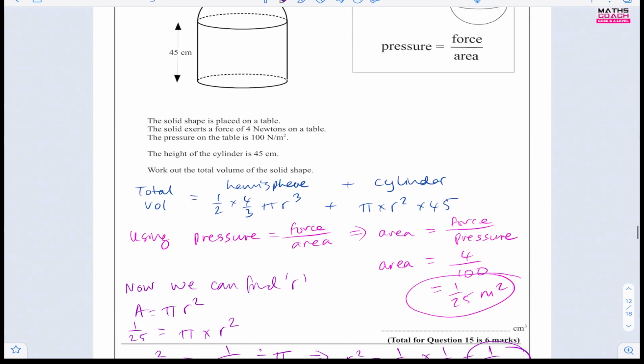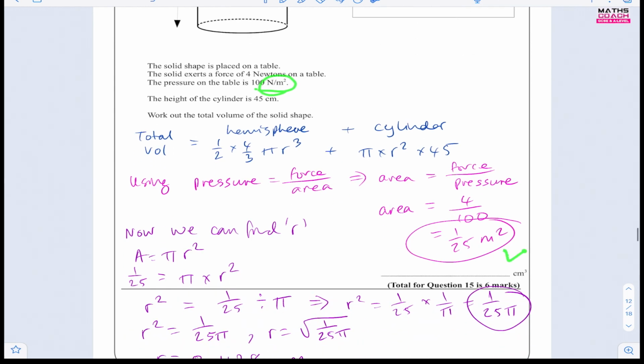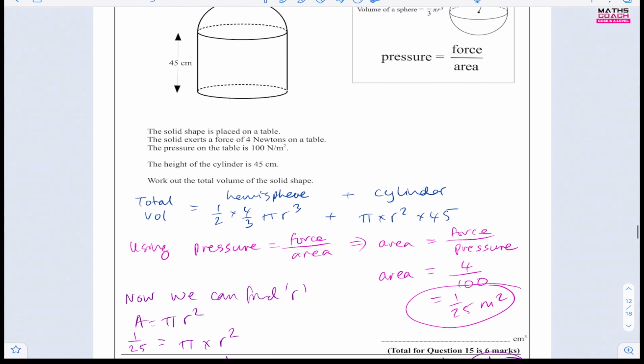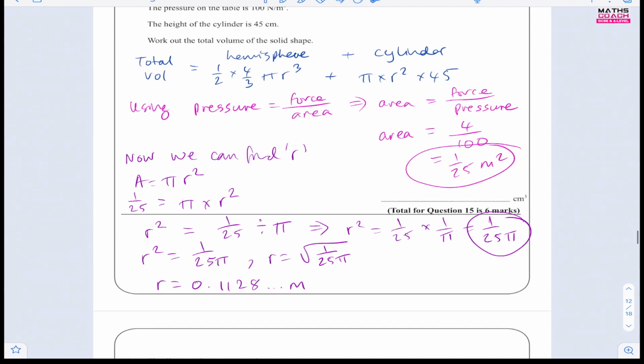If you go back to the question, we are given the pressure on the table in Newton meter squared, which means this is all good, this is correct, but the height of the cylinder is given to us in centimeters. So this means that we need to convert our radius here, which is in meters, into centimeters.